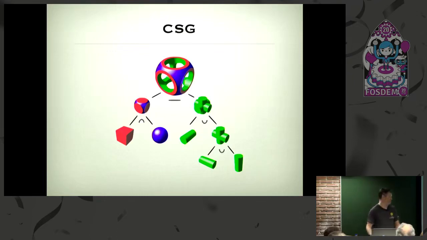Your leaf nodes are your primitives, and then you hierarchically build up a more and more complex object by performing these operations. The root node of the tree is your final shape. And this is what OpenSCAD does, which you express using this domain-specific language.